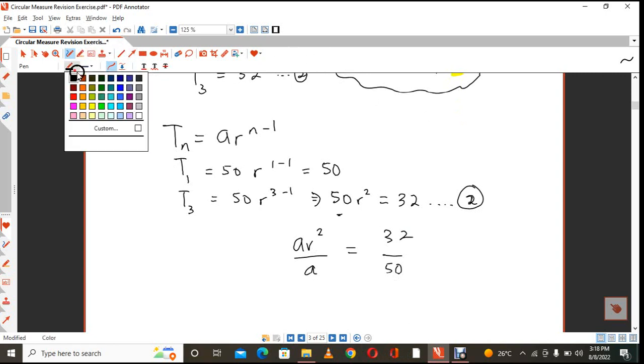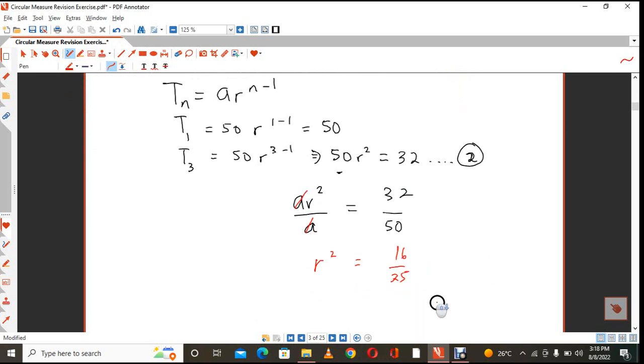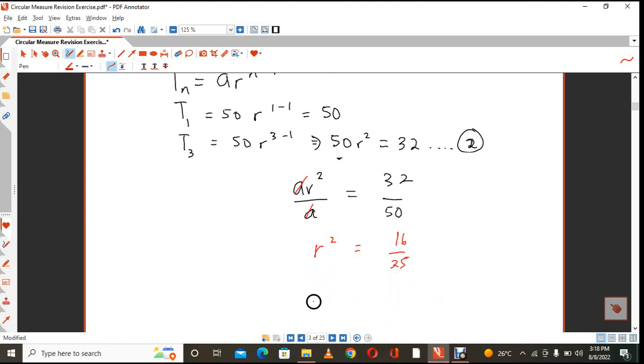Let us cancel what we can. Canceling the A leaves R squared, which is 32 over 50. Half of 32 is 16, half of 50 is 25. So R is the square root of 16 over 25, which is the square root of 16 over the square root of 25, which happens to be 4/5.